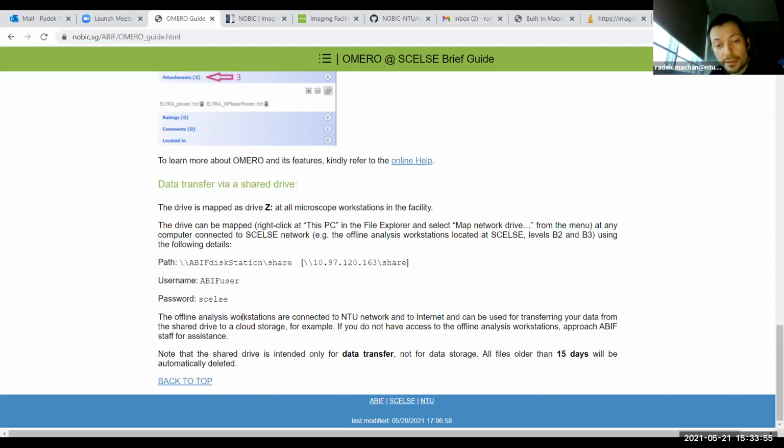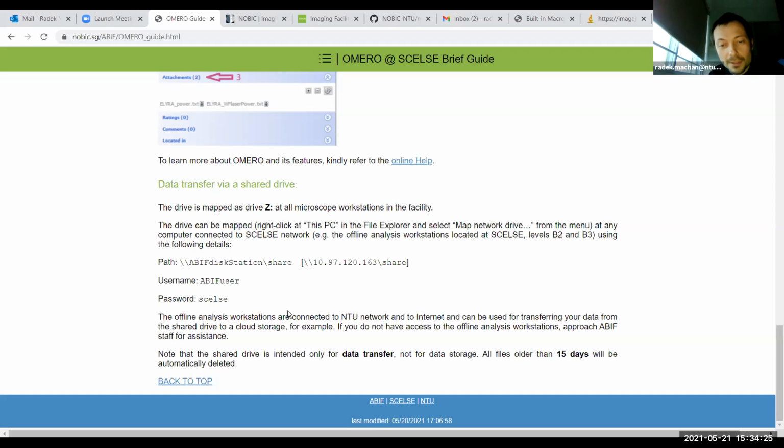There's a note that this is meant for, unlike Omero, where you can archive your images and keep them forever until the collapse of civilization or the failure of the server, whichever comes first. The server should be backed up somewhere, so it shouldn't depend on the server alone.